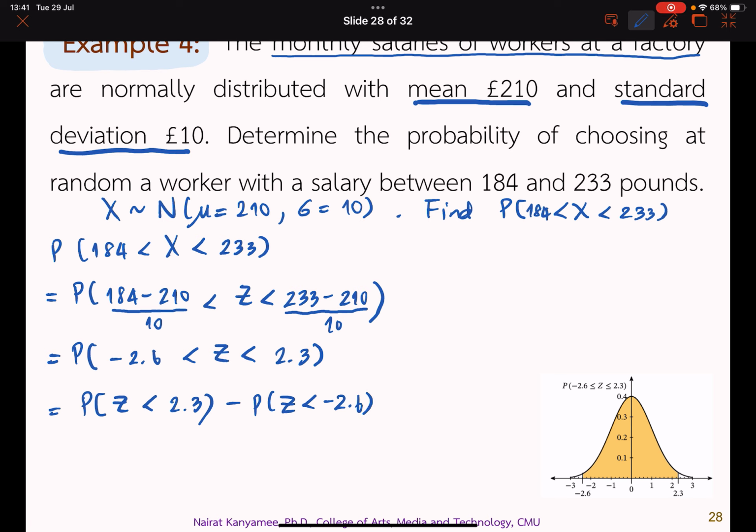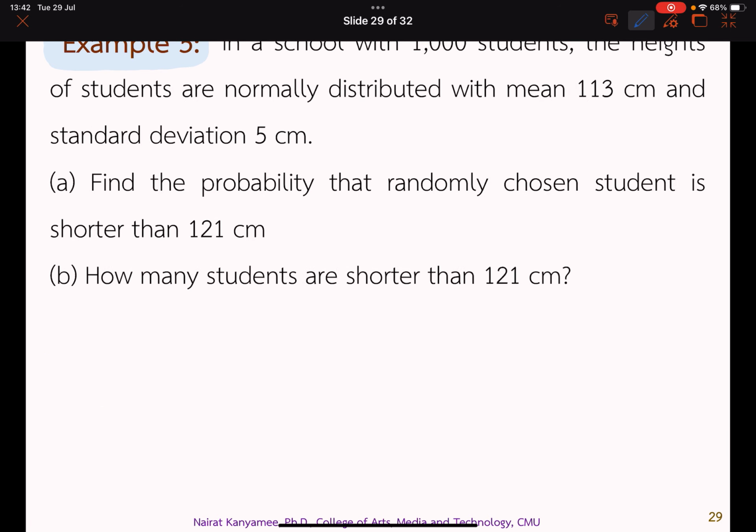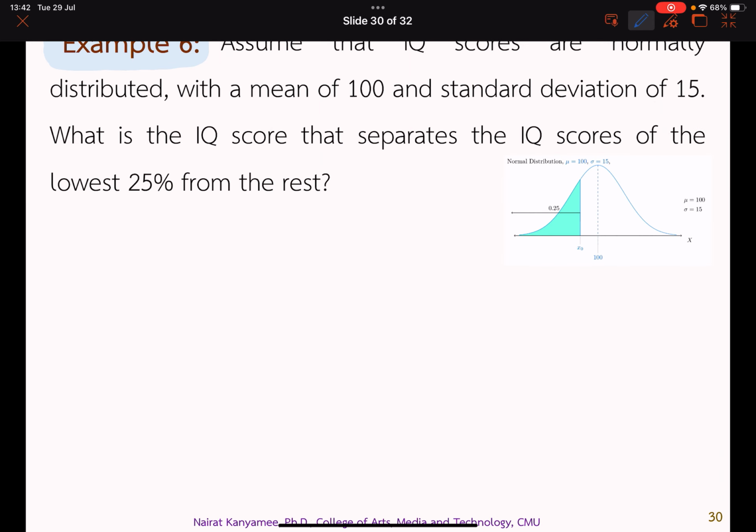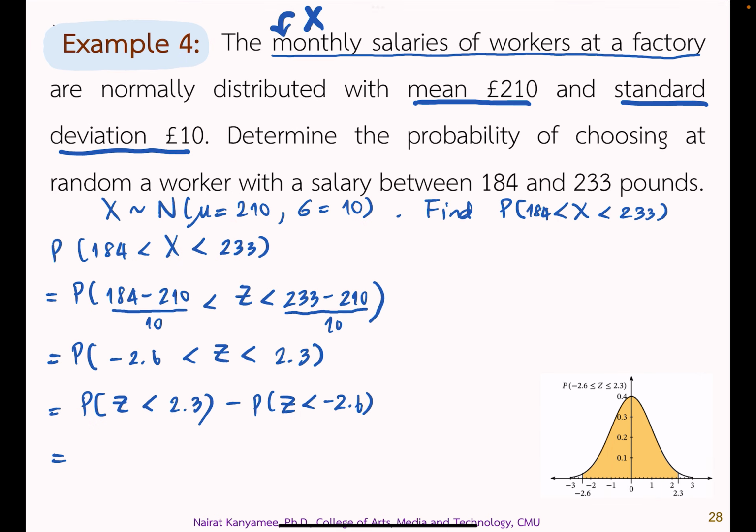Okay, so open up the table and go look in the table for 2.3 and minus 2.6. The table is not here, never mind. Go look in the table and you figure out the value.